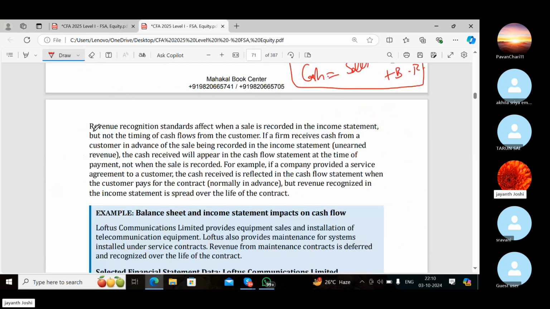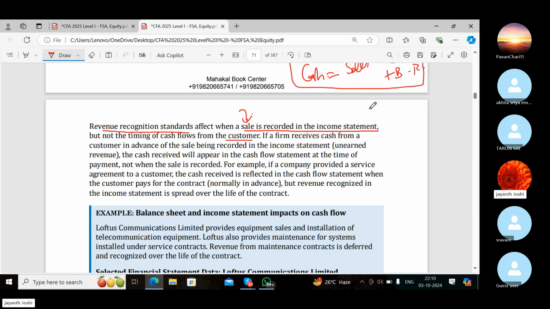Now we are discussing some points on revenue recognition standards. Accounting standards deal with all the elements of financial statements. So if you want to recognize revenue, there is a separate standard for that. It affects when a sale is recorded in the income statement. When you record some sales figure in your income statement, you are recognizing some figure as revenue, but not the timing of cash flows from the customer.